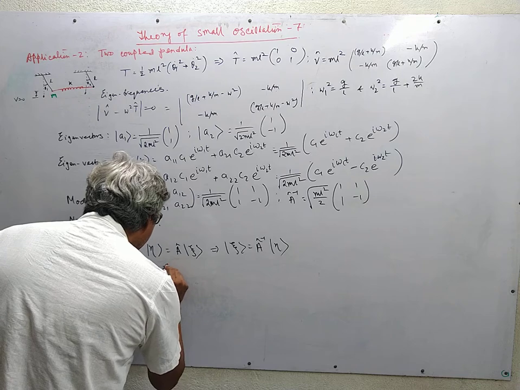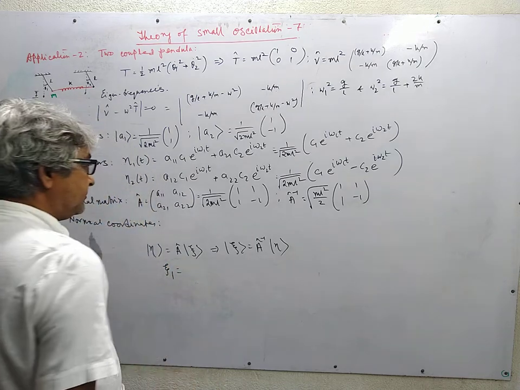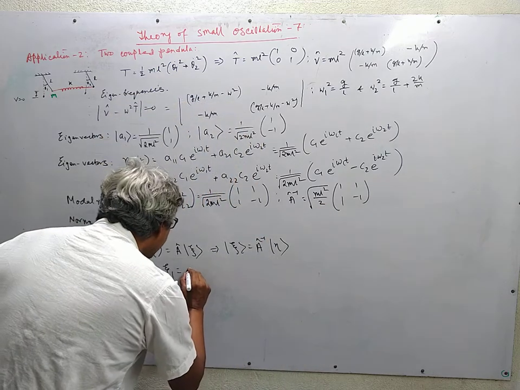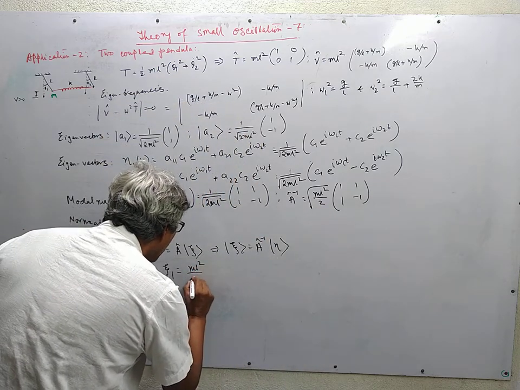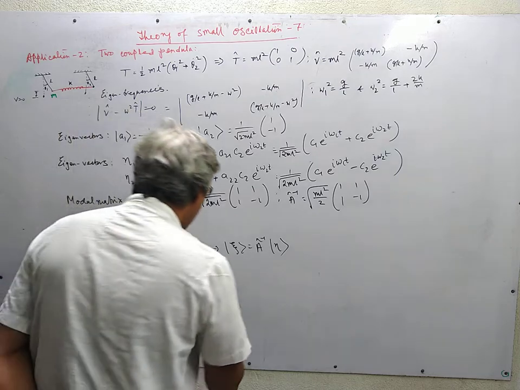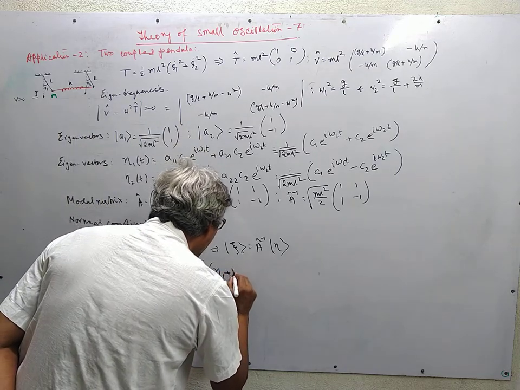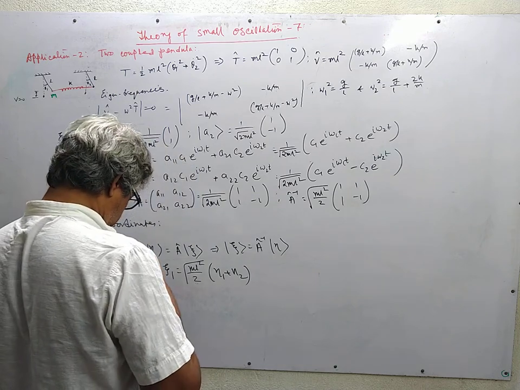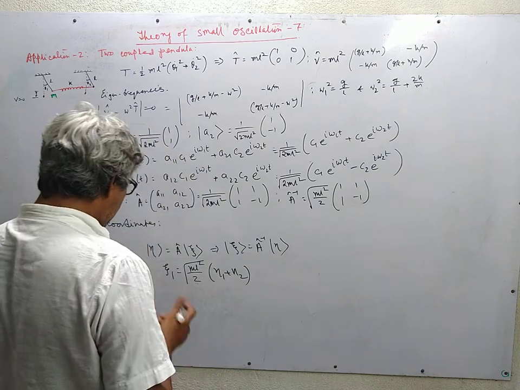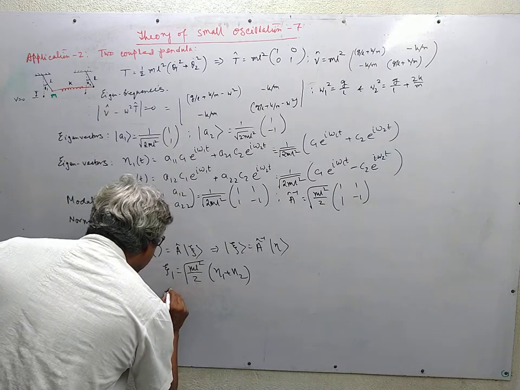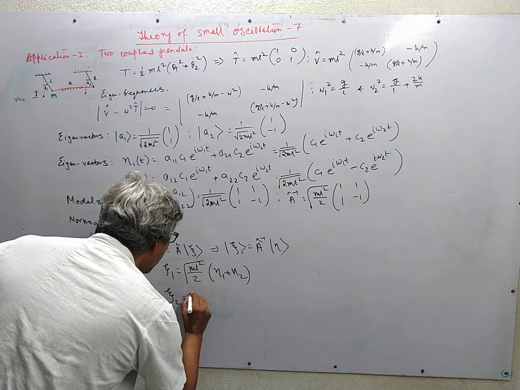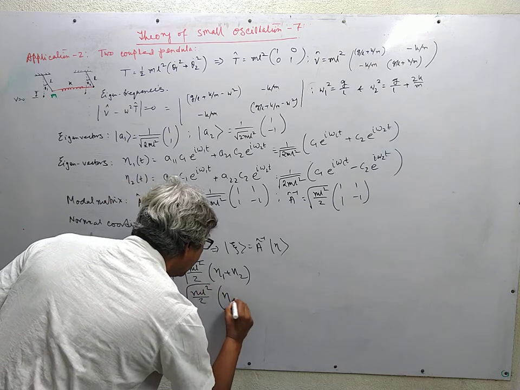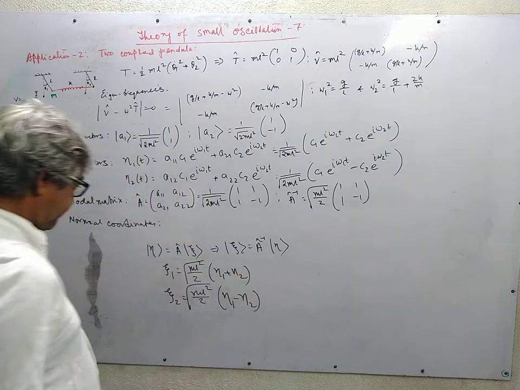That is to say, xi 1 is, apart from the factor ml square by 2, eta 1 plus eta 2. And xi 2 is ml square by 2 times eta 1 minus eta 2.